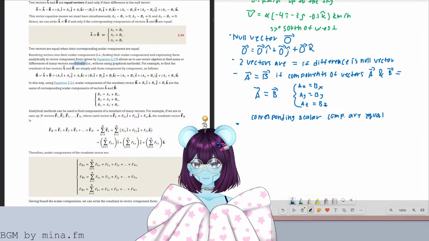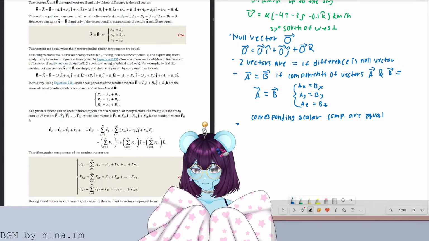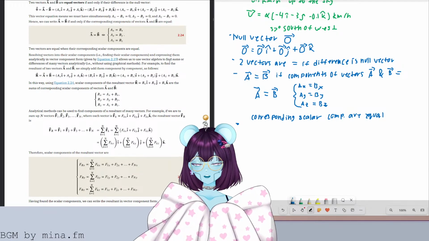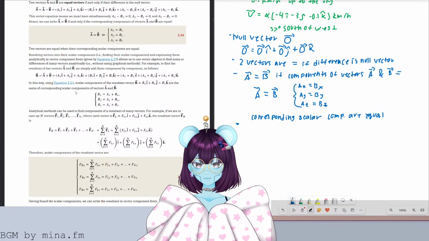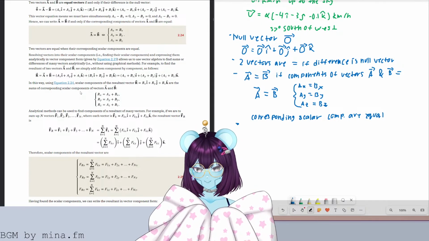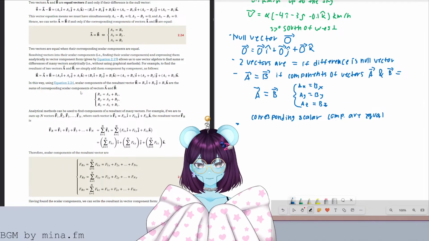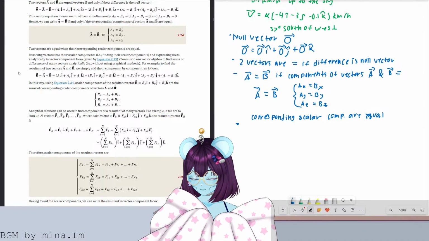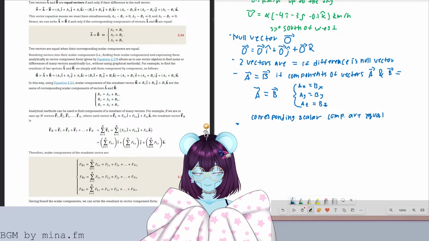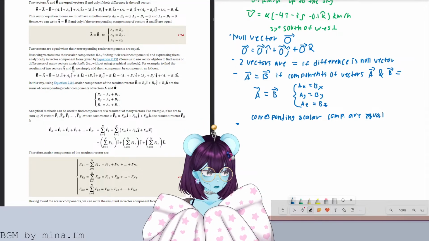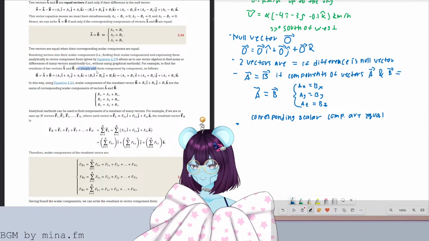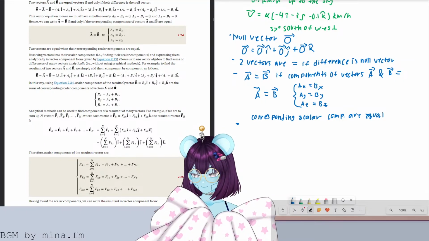So basically we can use vector algebra, we don't need a graph, and we can just do it based on math, based on just operations. For example, to find the resultant of two vectors, we simply add them component by component as follows.